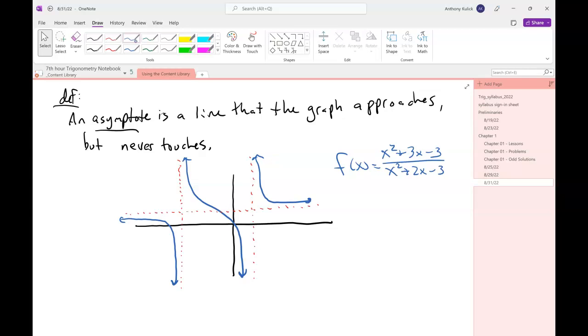Okay, so again, what we're going to do, if I ask you to find and verify the asymptotes for this function, is I would start by going to my calculator and graphing this function.